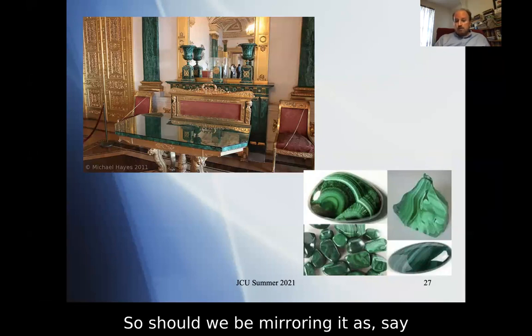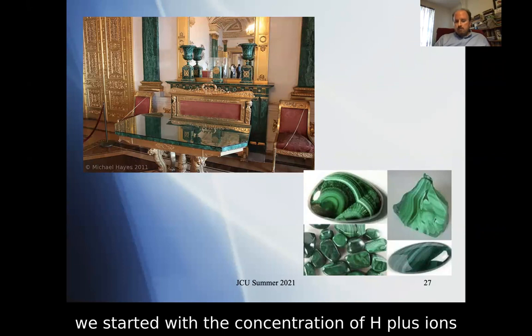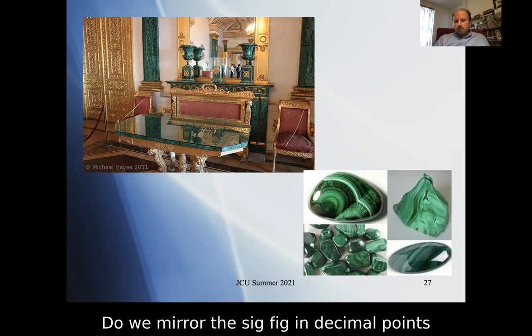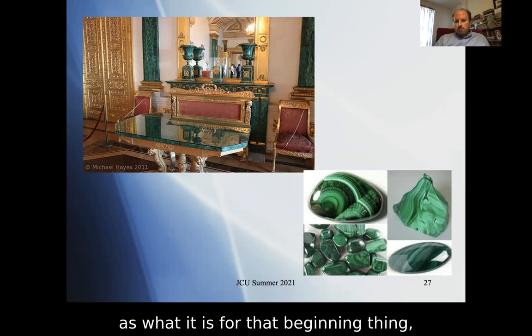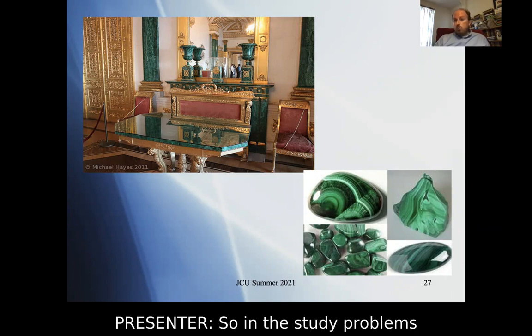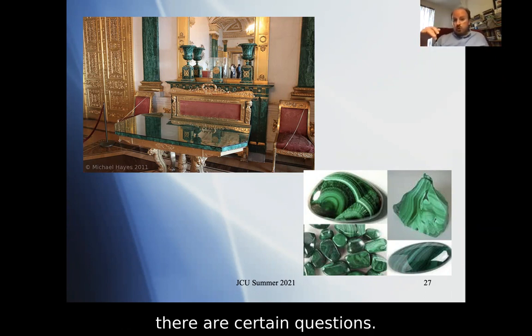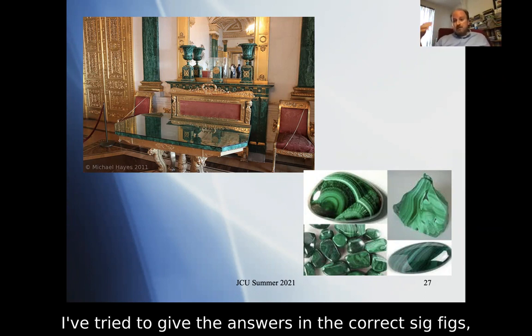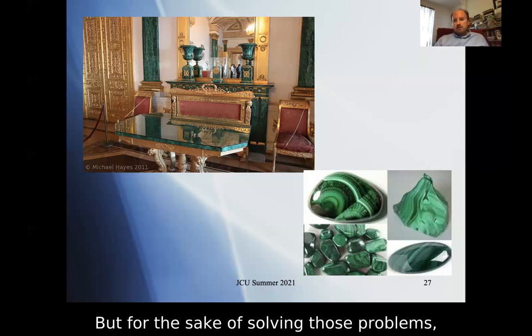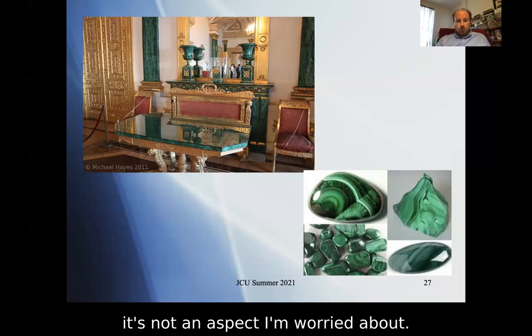Okay, so should we be mirroring it, like when we say we started with the concentration of H+ ions that we got from a strong acid? Do we mirror the sig figs and decimal points of that beginning value, or how do I determine them for the pH? Well, in the study problems, there are certain questions where I've tried to give the answers in the correct sig figs or decimal places based on the question, but for the sake of solving those problems, it's not an aspect I'm worried about.